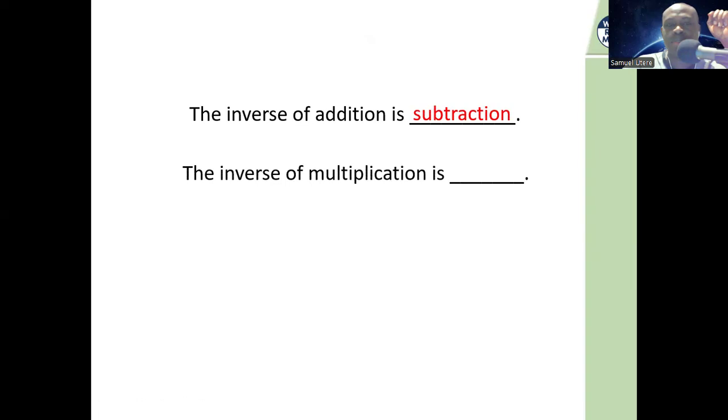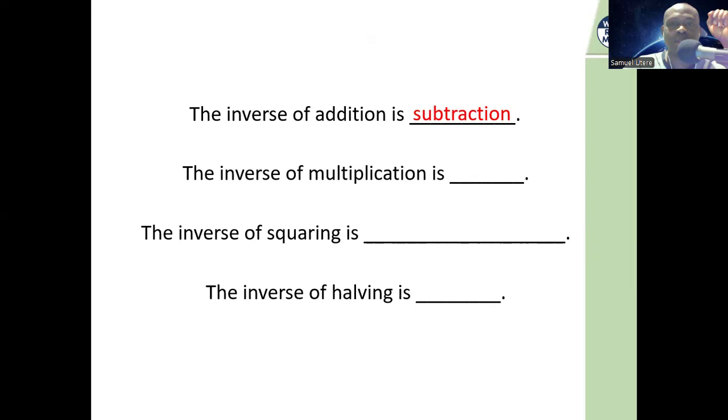What is the inverse of multiplication? The inverse of multiplication is division. These are really, really important points because we're even going to be using these ideas in the future.